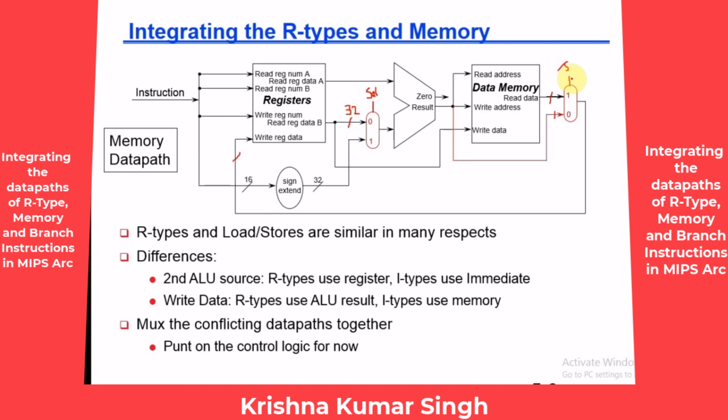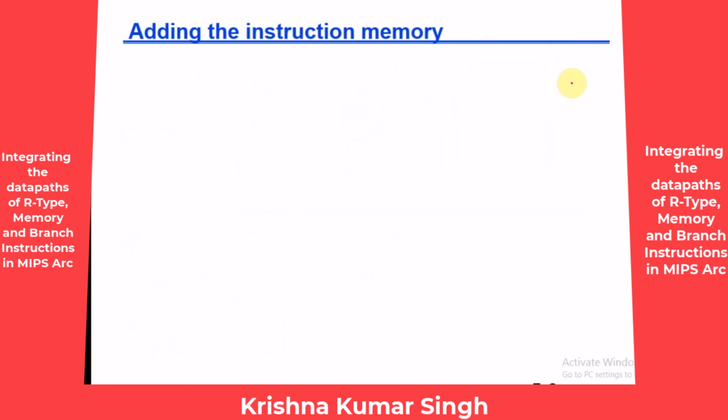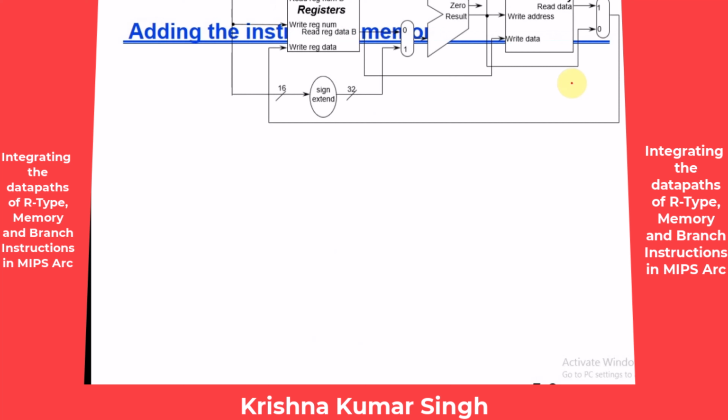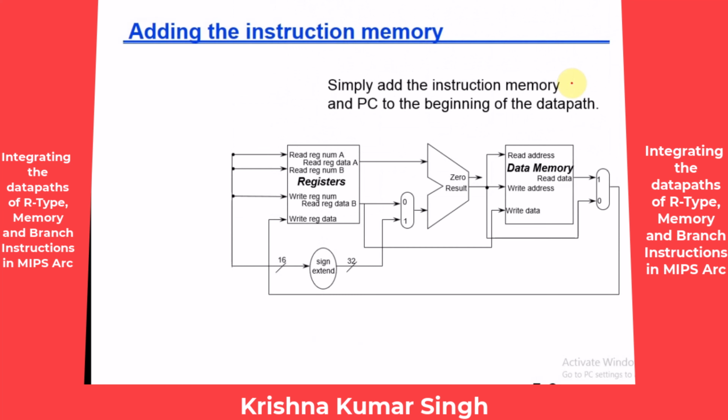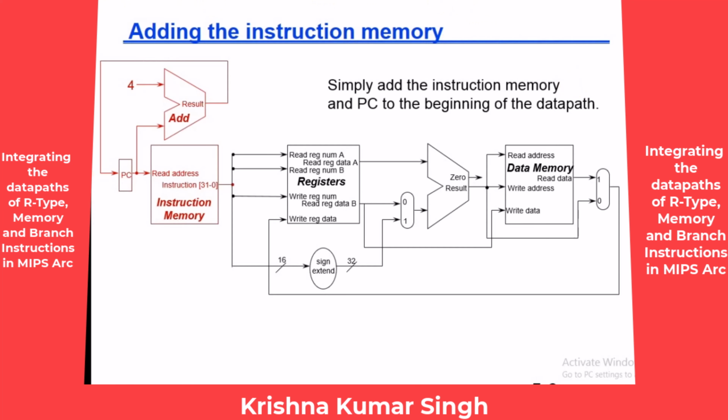This is the part that we have for reading one instruction and also updating the program counter. Then this 32-bit value will be given to this part. In this way, we can construct a data path for all R-type and I-type instructions.